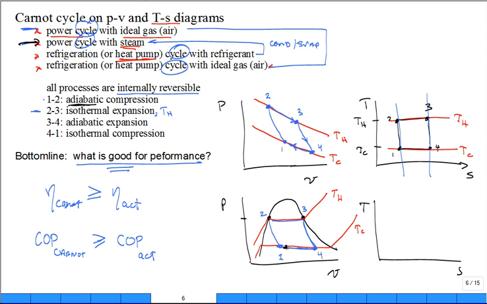There is the cycle, the Carnot power cycle, using steam as the working fluid. Make sense? All of the heat is brought in at the high temperature. All the heat is rejected at the low temperature. The other ones are adiabatic processes, no heat transfers.